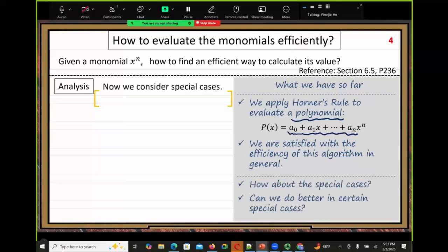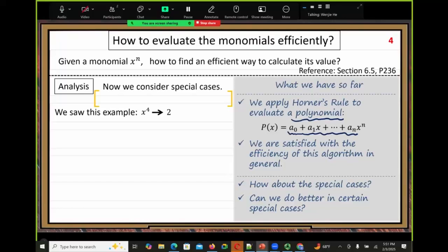Now let's consider our first special case. X to the 4th, I gave you this example before. We use 2 multiplications because we do the square operation twice.